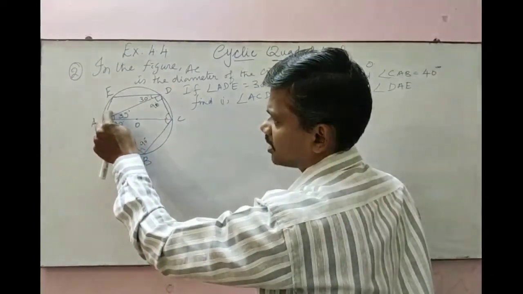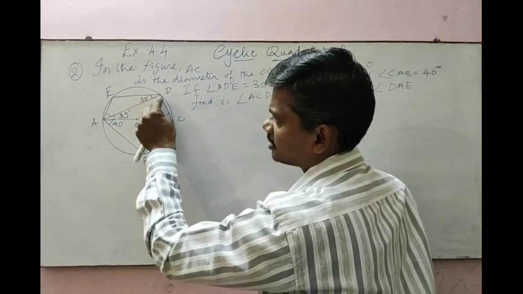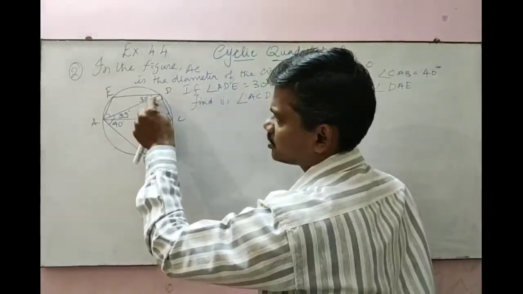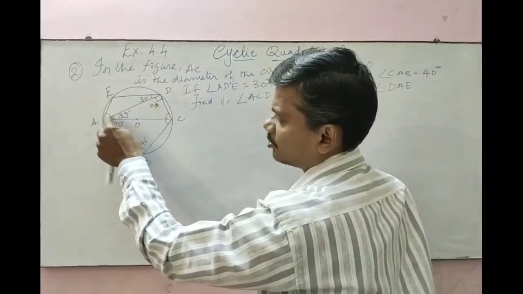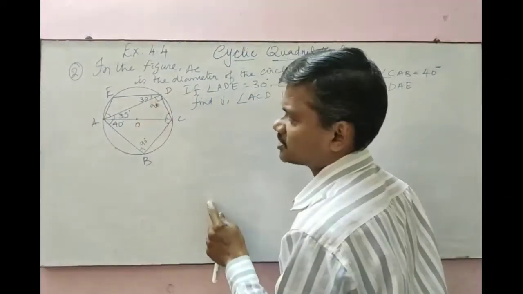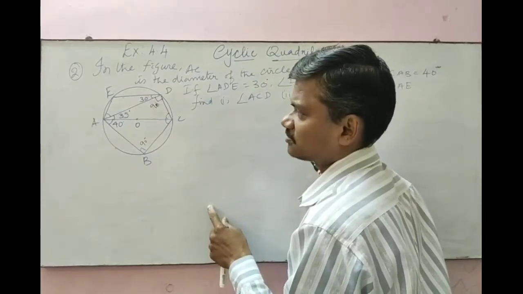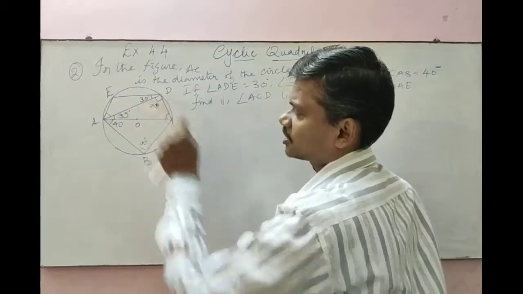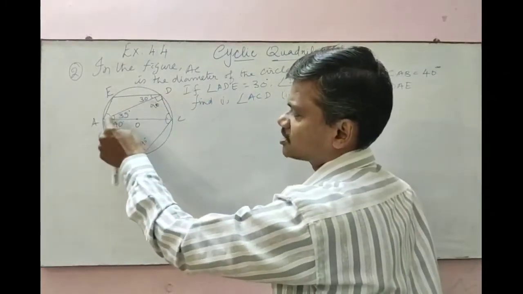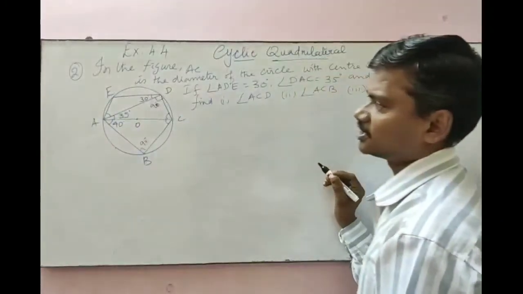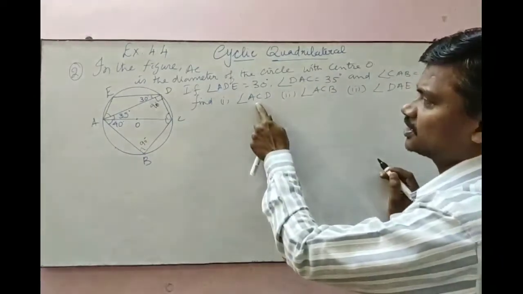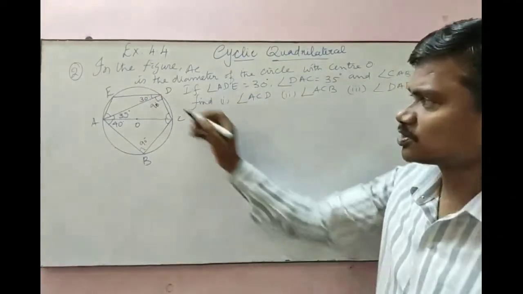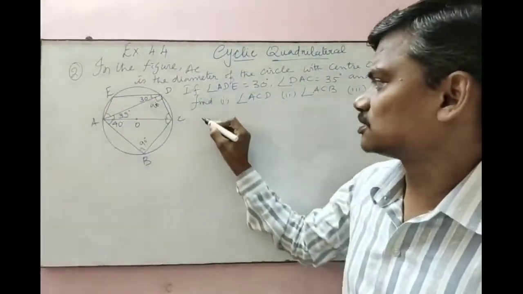In this, angle A and angle D are opposite angles. So the sum of the two opposite angles in a cyclic quadrilateral is 180 degrees, or we call it supplementary. Using that concept, we can find this DAE. First, I am going to find the angle ACD using the semicircle.